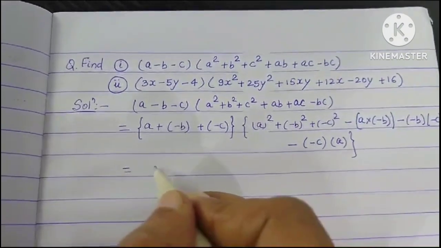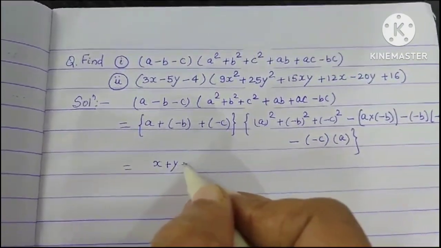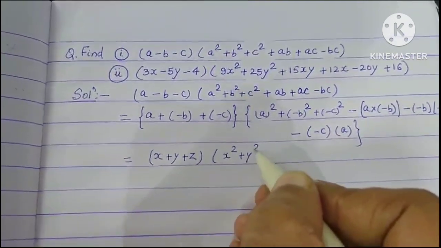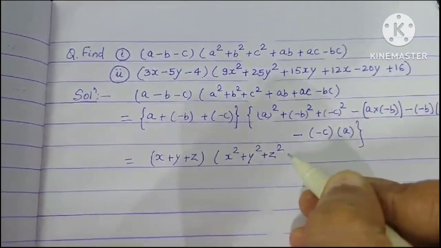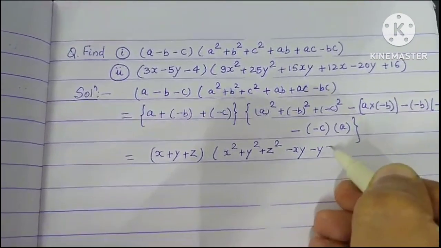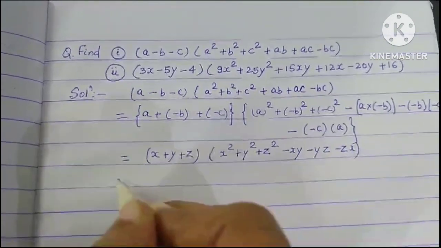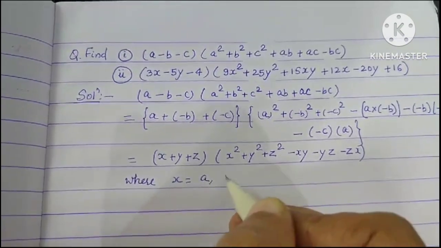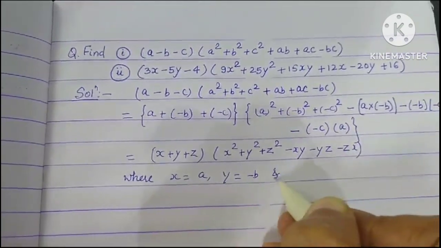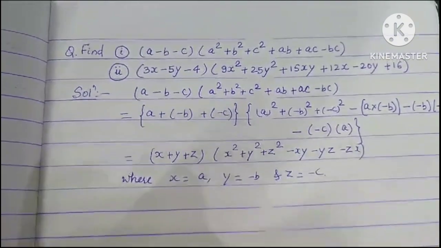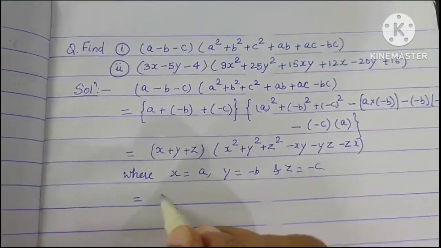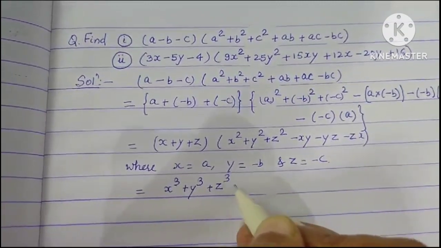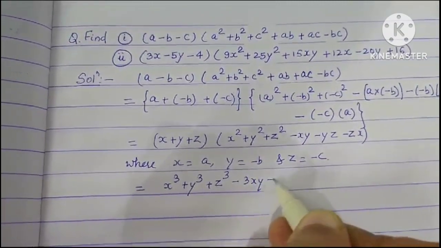Now you can see it is of the form x plus y plus z and x square plus y square plus z square minus xy minus yz minus zx, where x is equal to a, y equal to minus b and z equal to also minus c, and this is equal to x cube plus y cube plus z cube minus 3xyz.